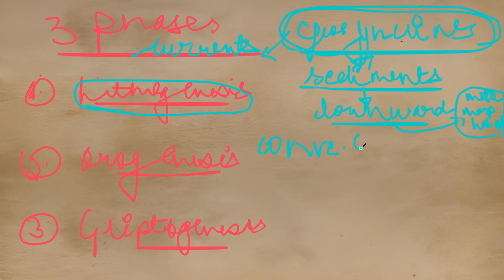In the next stage, orogenesis, the convective currents, I am writing CC, convective currents, buckle the geosyncline sediments and form mountains.